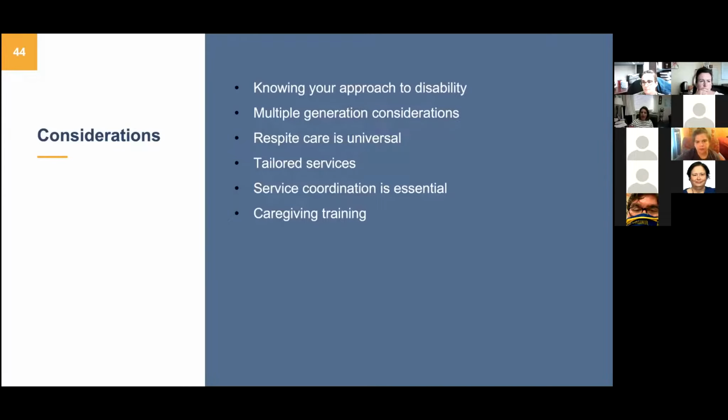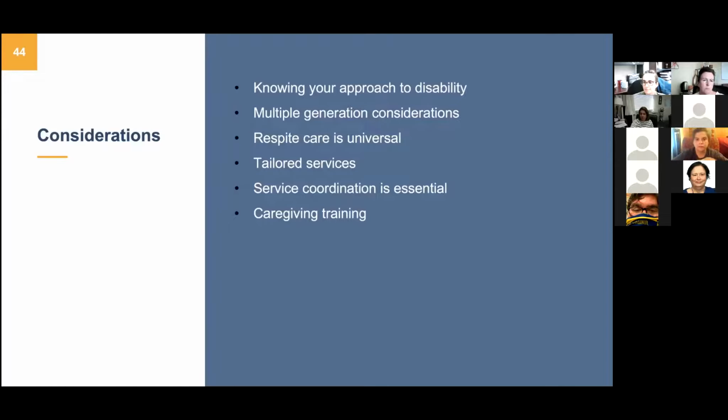Because that's another thing I'd want to leave you with: you cannot really think of just the individual with disabilities in a vacuum by himself or herself. You have to include those other pieces, and how you include those other pieces is up to you. But that multiple generation, regardless of how old the individual is, is kind of important.